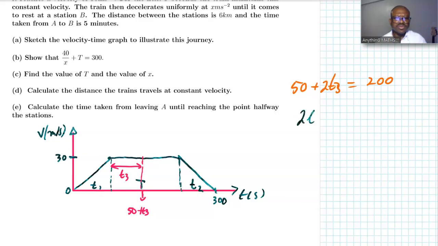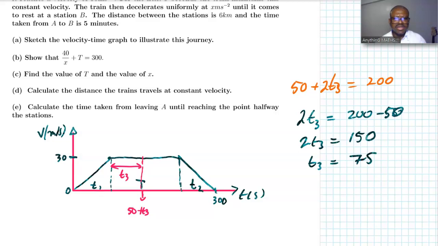So 2T3 will be 200 minus 50, so you're going to get 2T3 should be equal to 150, and then T3 should be 75.